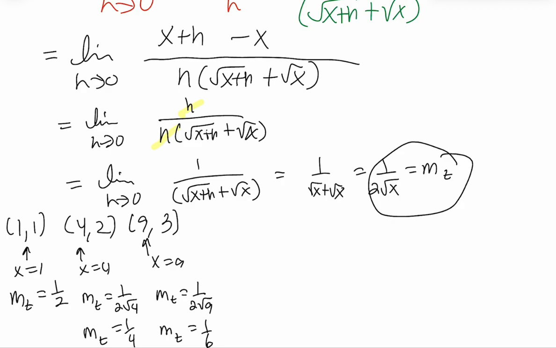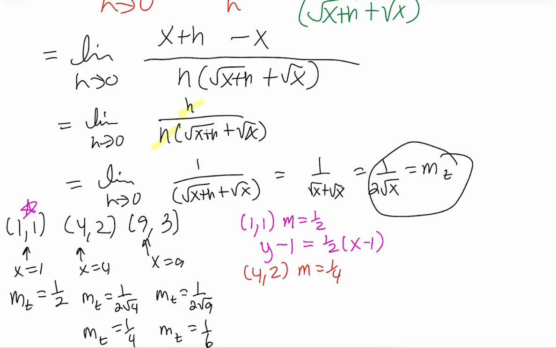So we know that in our first one here, our point is 1, 1. Our slope is 1/2. So our equation is y minus 1 equals m times x minus 1. So that's when we are going through the point 1, 1. Our slope is 1/2. When we're going through the point 4, 2, we found a slope was 1/4.